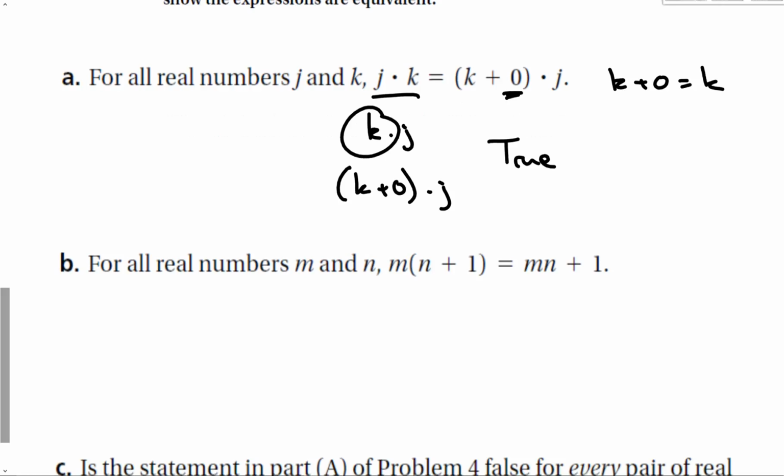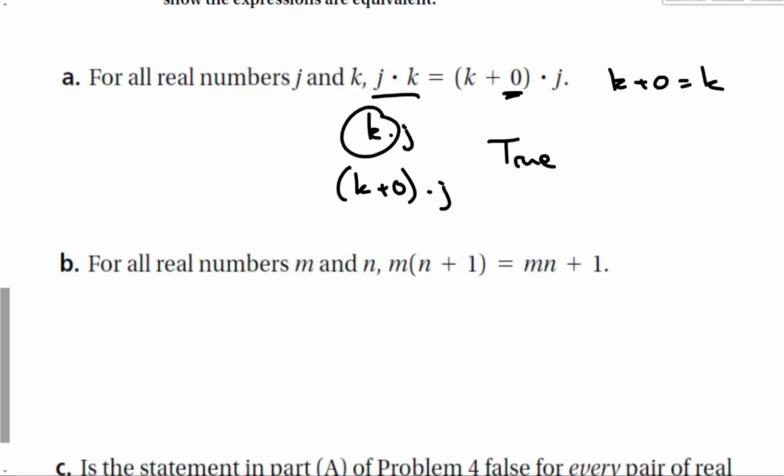So for all real numbers for the next one, for all real numbers m and n, m times n plus 1 equals m times n plus 1.